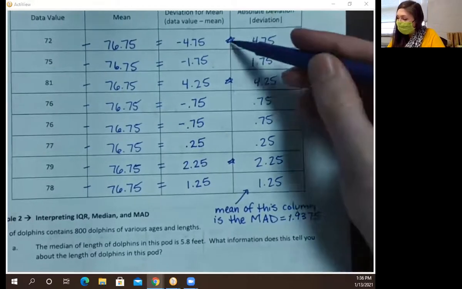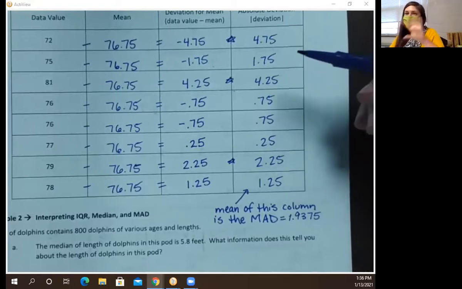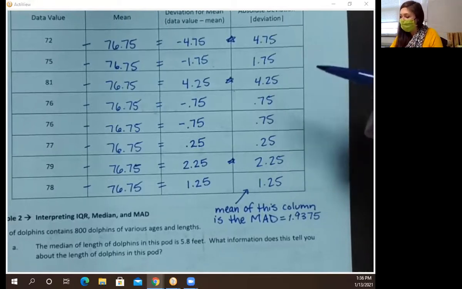For those values that fell outside of that, that's where we start to look at, is it just a little outside and I would still consider it pretty cohesive with the rest of my data? Or is it so far outside that maybe this value isn't really representative? Maybe it's what we would call an outlier.